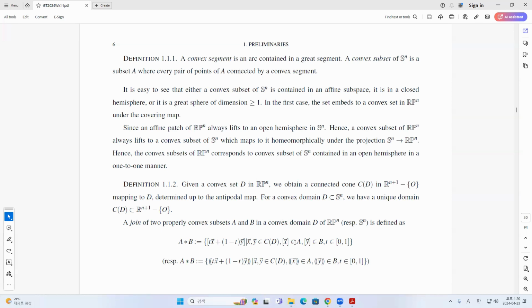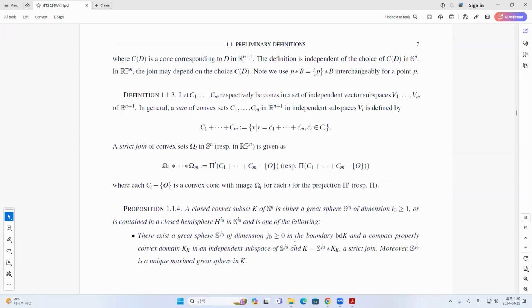Otherwise it may not be well defined. And the join in Sn is always well defined, but in RPn it is not. It depends on what you choose to be the C(D).